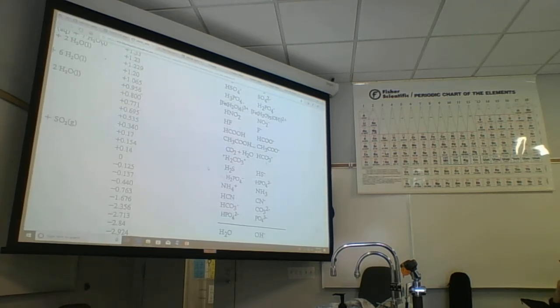It's an acid. So a little bit of metathesis might occur with carbonate.